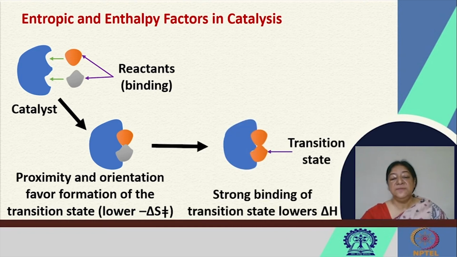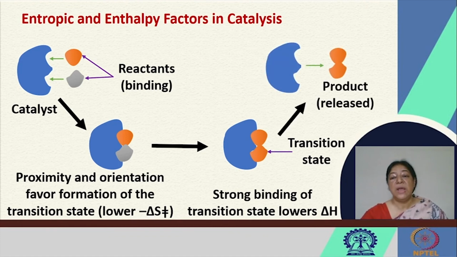This then gives us a transition state resulting in better binding that will give us a better enthalpic contribution, because of the enthalpic contributions of the non-covalent interactions. Then we would have a release of the product as the reaction proceeds.